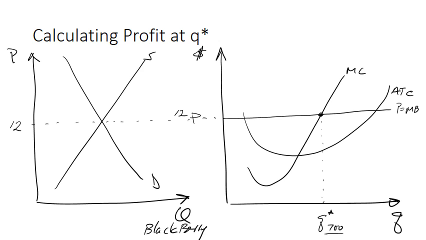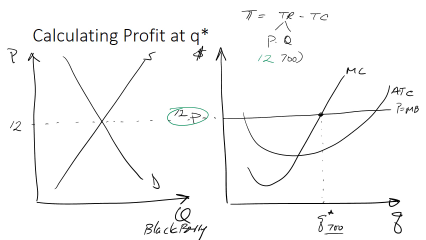Before we get ahead of ourselves, let's look at the revenue side. Keep in mind, profit is equal to total revenue minus total costs. Total revenue is nothing more than P times Q. Our price is going to be $12. Each unit of blackberries sells for $12. Our quantity is 700.